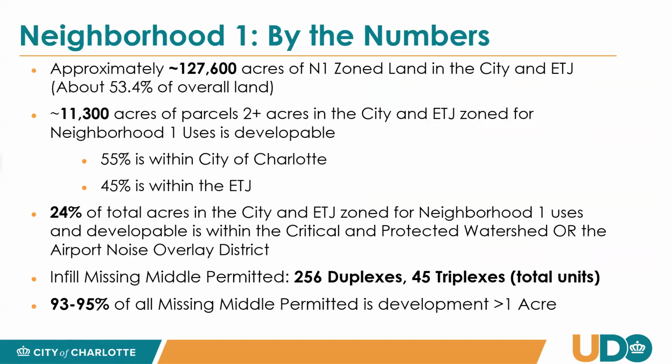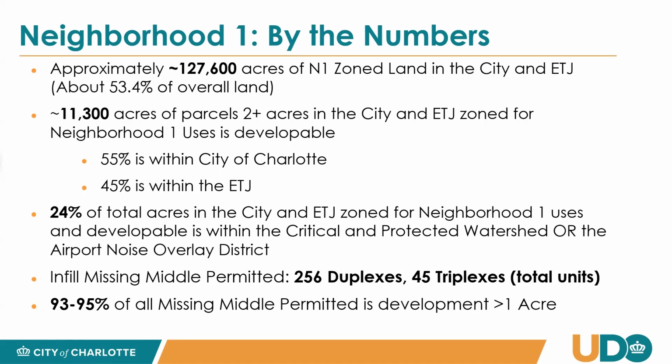So by the numbers, let's just talk about what that Neighborhood 1 land in the city of Charlotte actually looks like. You just heard me mention it's a little over 127,600 acres of Neighborhood 1 zoned land in the city of Charlotte and the ETJ combined. That's a little over 50% of our overall land area, so about half the city and the ETJ is this Neighborhood 1 place type.